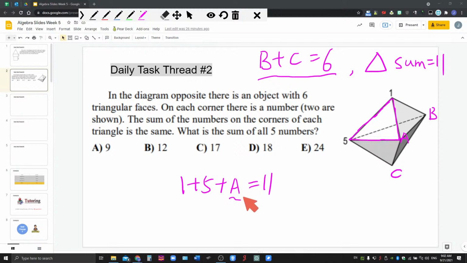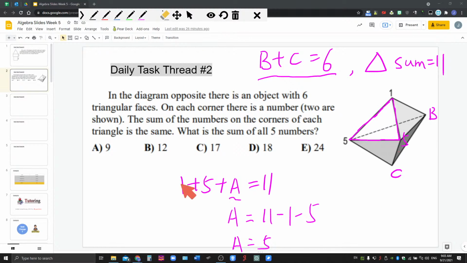Now we have this equation, and using our knowledge about solving equations, you just move the 1 and 5 to the other side and subtract 6. Then you have A equals 11 subtract 1 subtract 5, and A equals 5. So we know now this point is a 5.